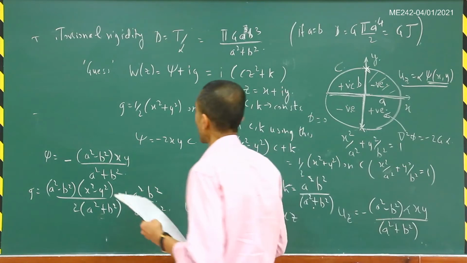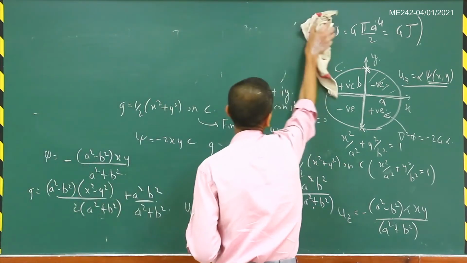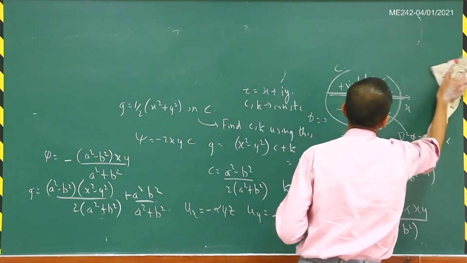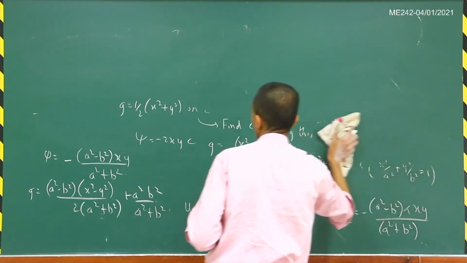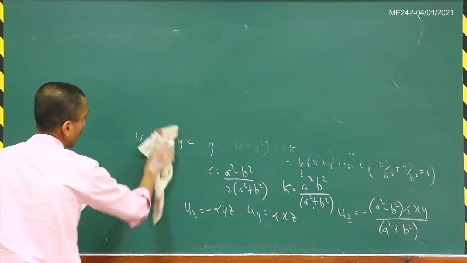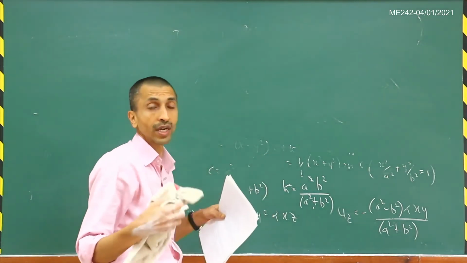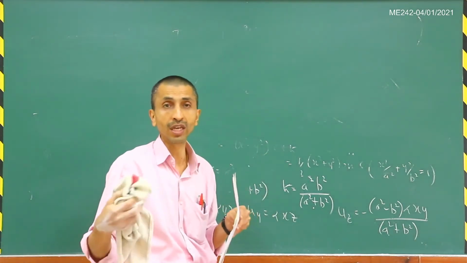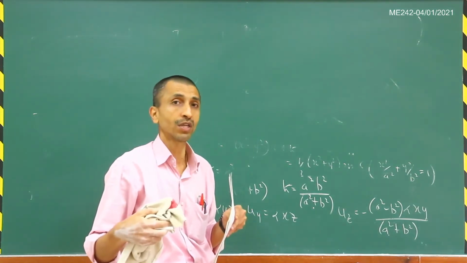That is part of your homework problem, but I will just briefly mention the results for a circular cutout, because it is a very important problem from a practical viewpoint, because you will have keyways. In a rotating shaft, there will be some gear or something mounted on the shaft, and that is connected to the shaft through a keyway, right?